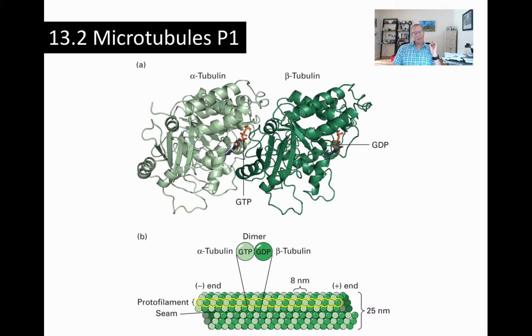So if we take a look at the basic building block of the microtubule, we find that there are two types of tubulin protein that make up the microtubules: alpha tubulin and beta tubulin.